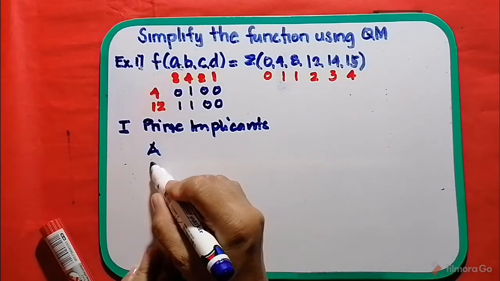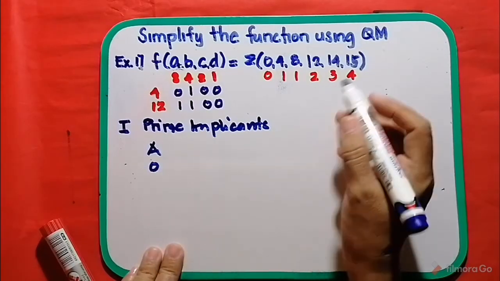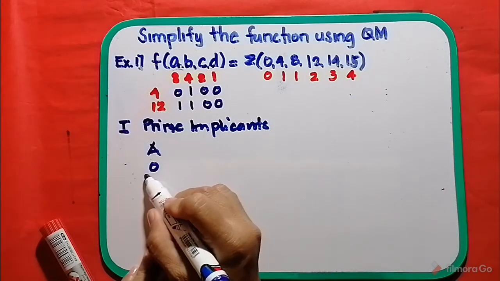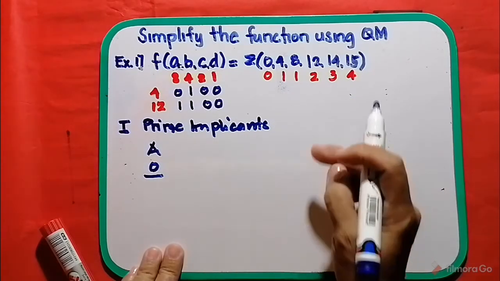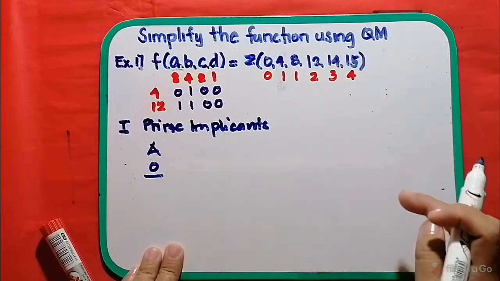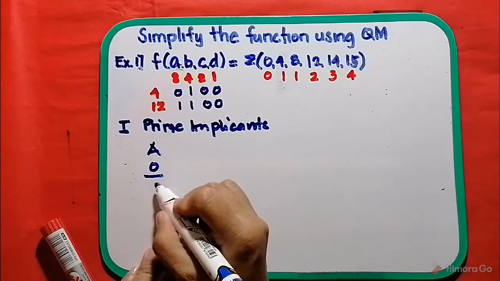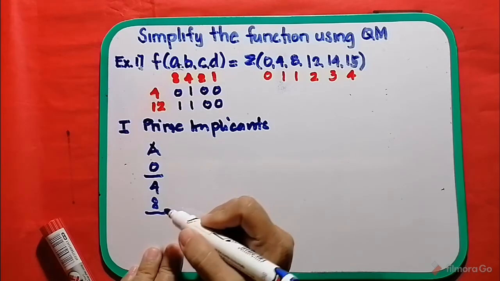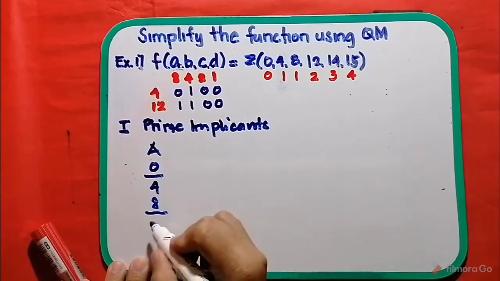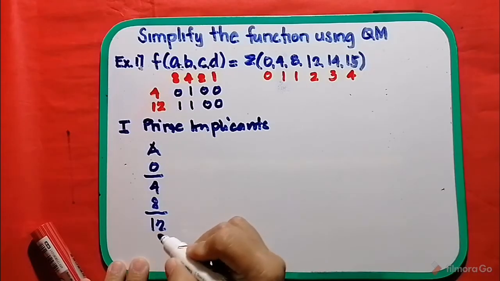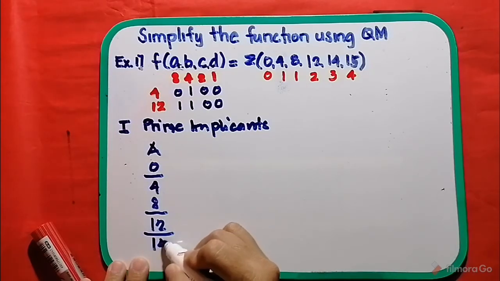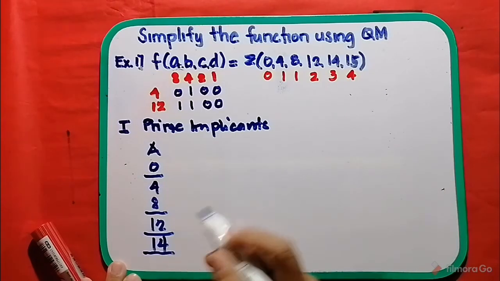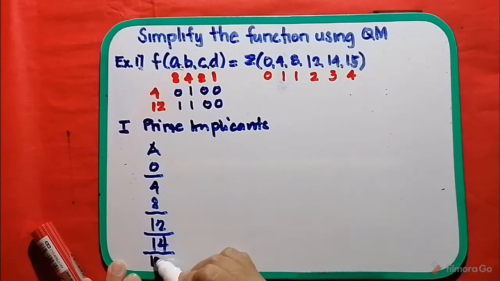We have 0 as the first group, since it has no ones. So we put a dividing line. The next would be all implicants with 1 one, so that would be 4 and 8. Write a dividing line. Then with 2 ones, you have 12. Then 14 with 3 ones, and then with a dividing line again, the last would be 15.